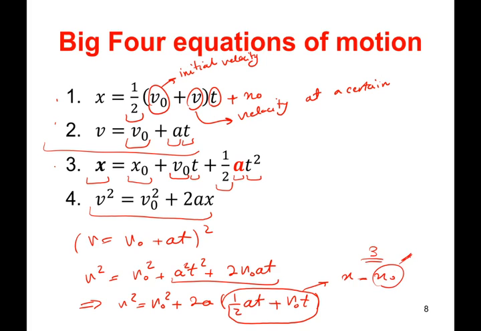And we are assuming that x naught is 0. So you are going to get to this equation: v squared is going to be equal to v naught squared plus 2ax.